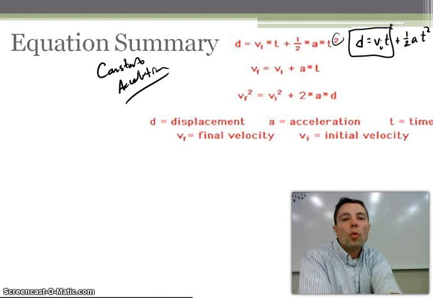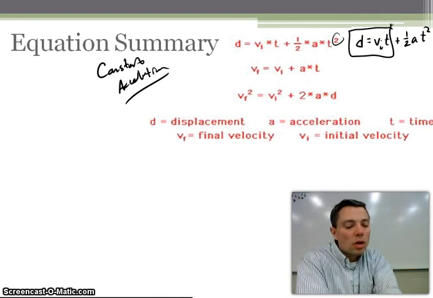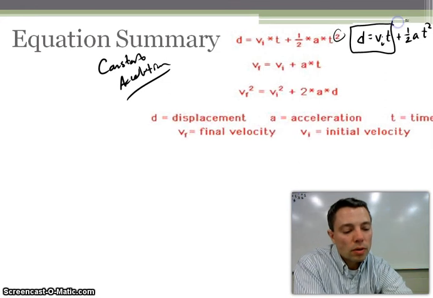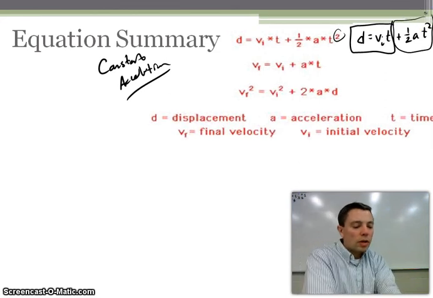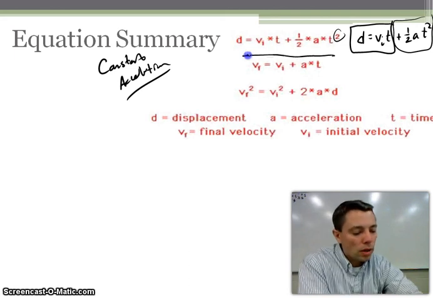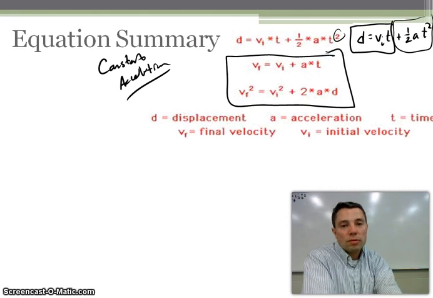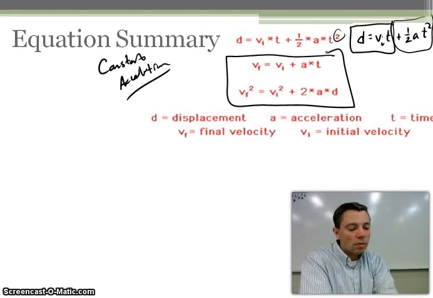So if we don't have any acceleration, that's a constant velocity equation. We just tacked on this piece right here to give us the whole concept of what happens if we're accelerating. These two equations right here are just variations of that main function.